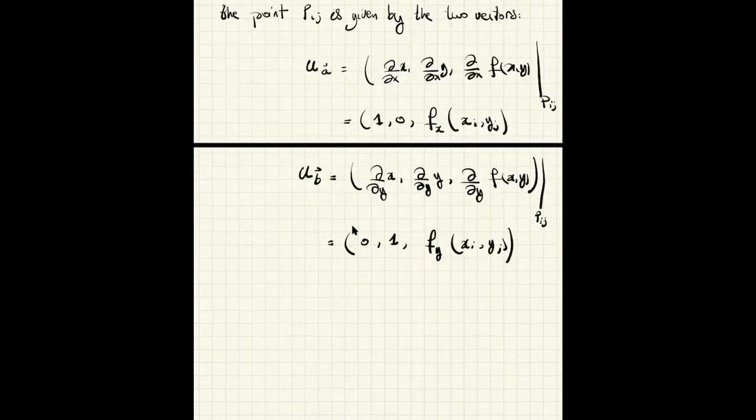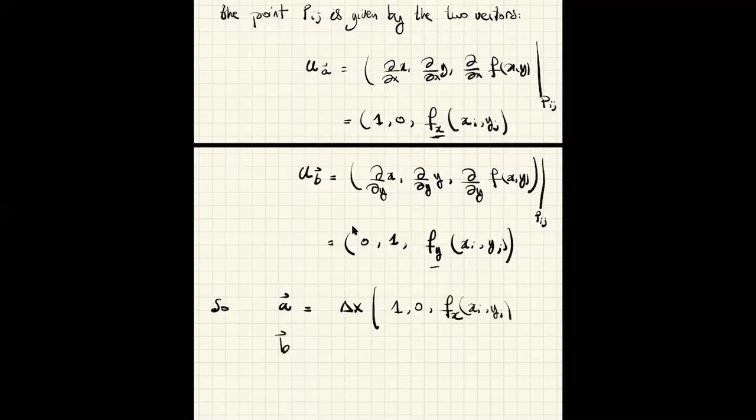So now you have also to remember what is the meaning of this fx and this fy. So I'm going to tell you why here, but you're supposed to know this. So A is equal to delta x times (1, 0, fx), right?